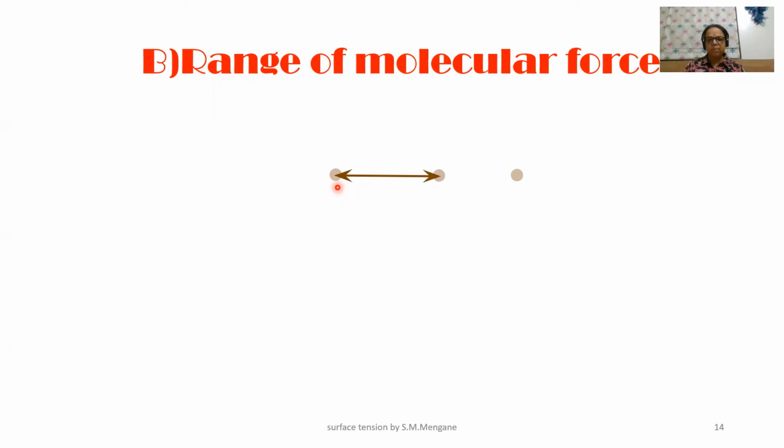If the charges are placed at some definite distance, there is a force of attraction or repulsion depending upon the nature. If we increase the distance between them, then the force does not exist between them, meaning they are not in range.